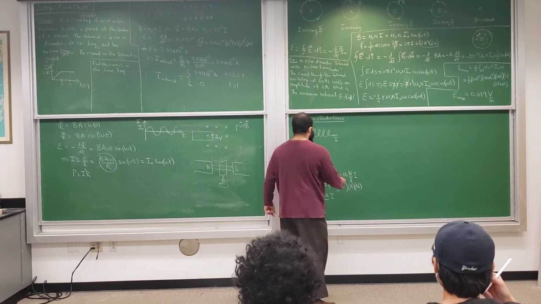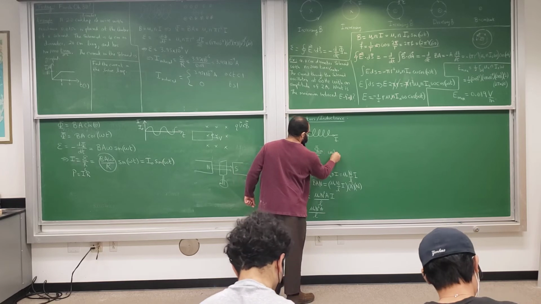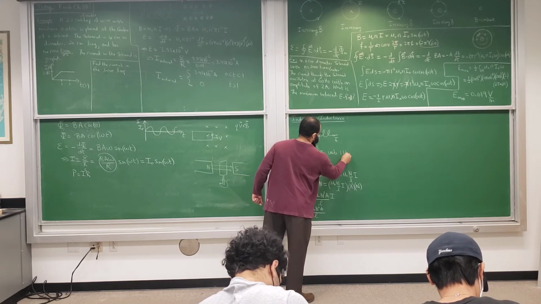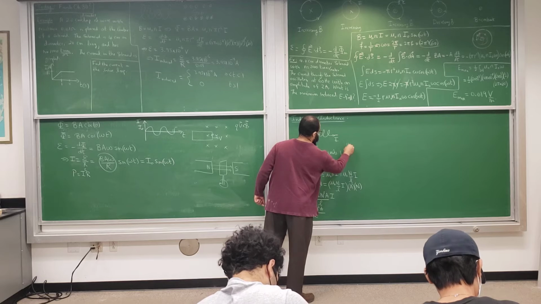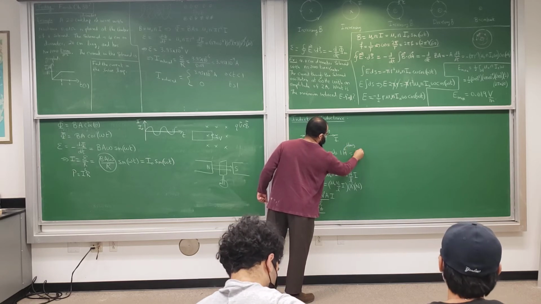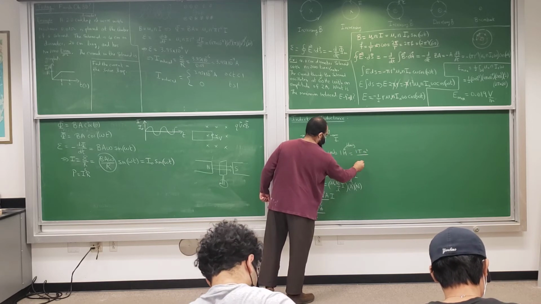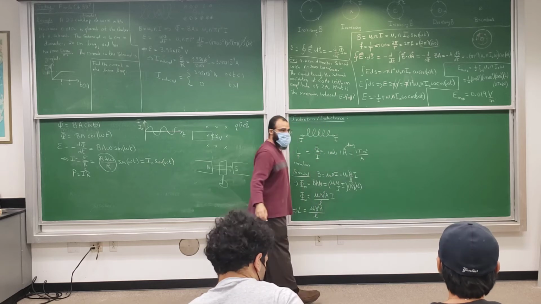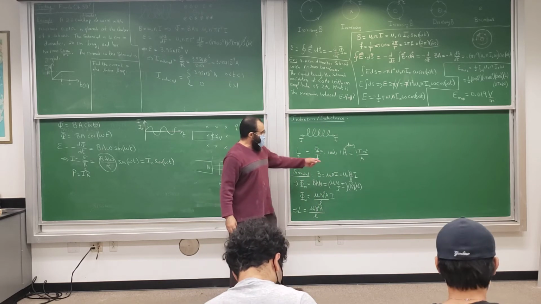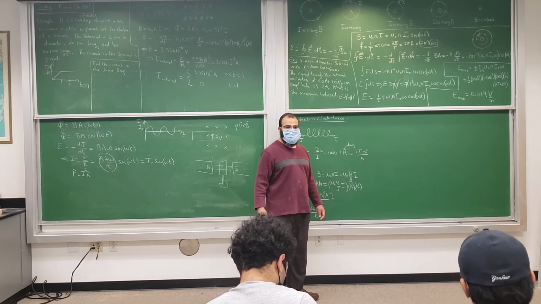So 1 H is 1 Tesla times square meter divided by amperes.